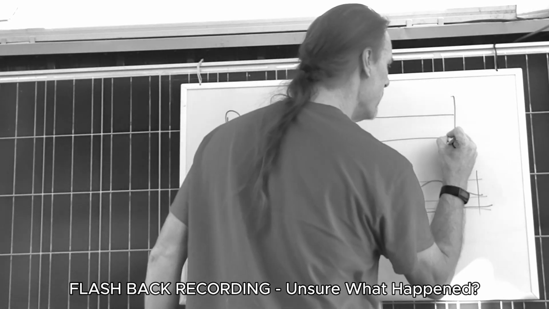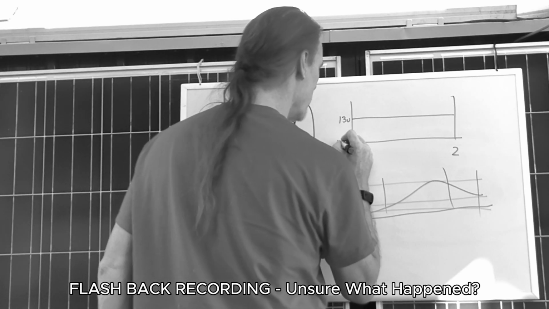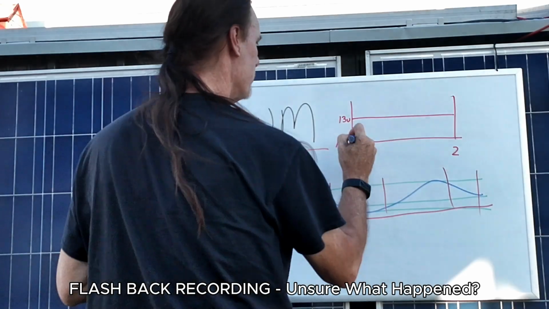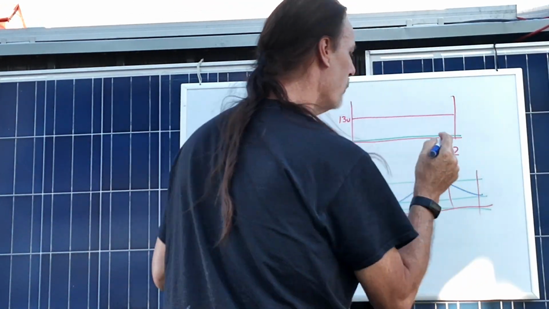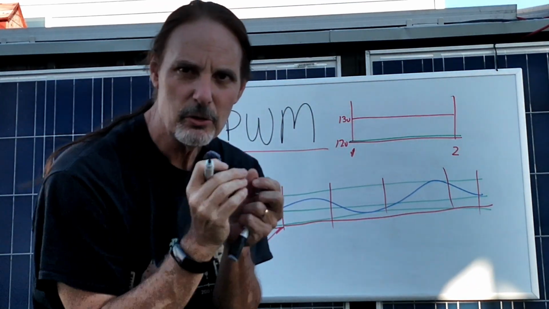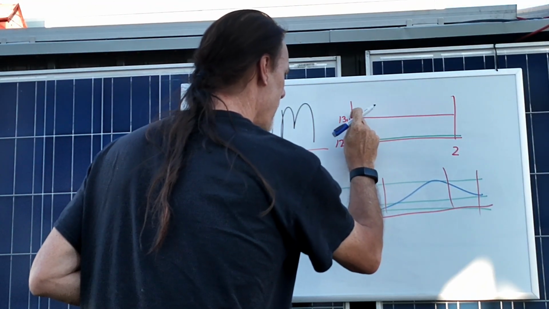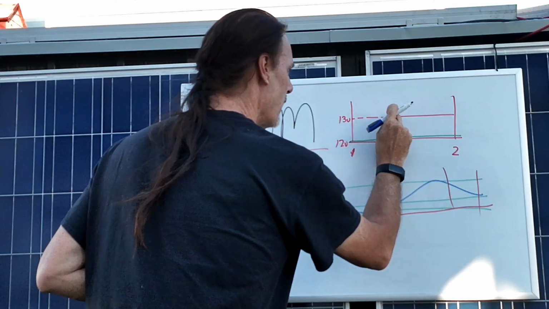And what you want to do is you want to get it down to 12 volts. So your goal voltage here is this 12 volt line. So what it does is that in little micro pulses, it cuts the voltage off like this.